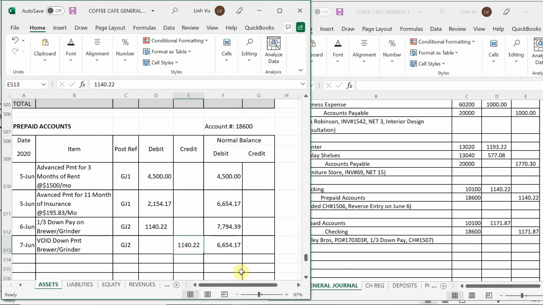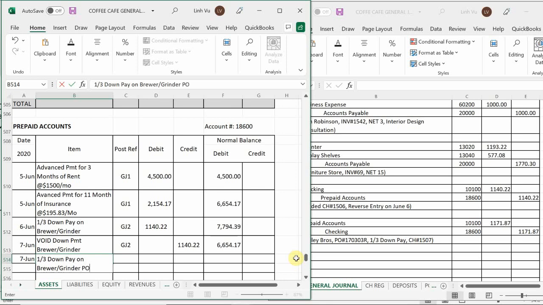Okay. So ledger. Right here, I'm at prepaid accounts already. So here you go. I'm going to go ahead and write 1/3 down pay on brewer grinder. Okay.